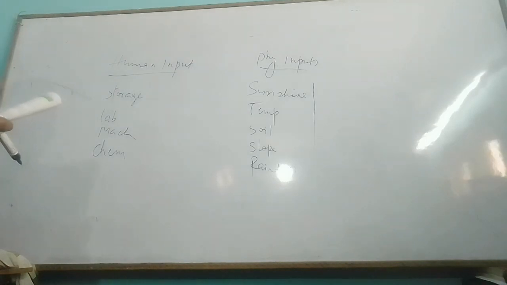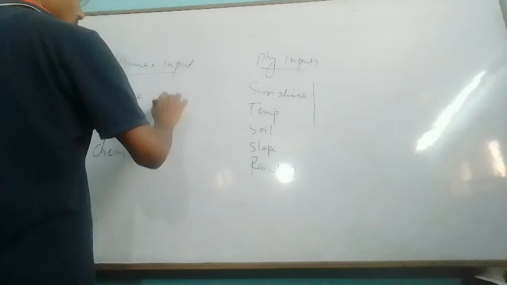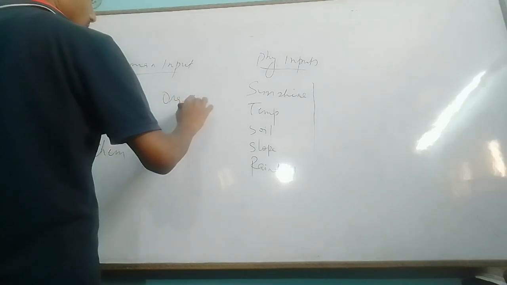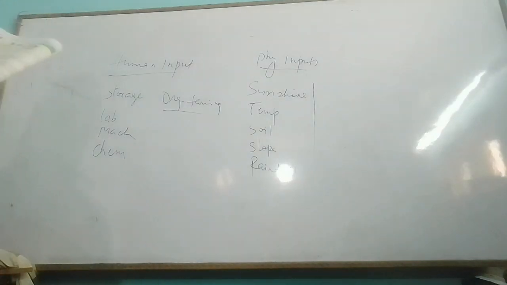Okay, now what do you mean by organic farming? Organic farming means that organic manure and natural pesticides are used instead of chemicals. No genetic modification is done to increase the yield of the crops.